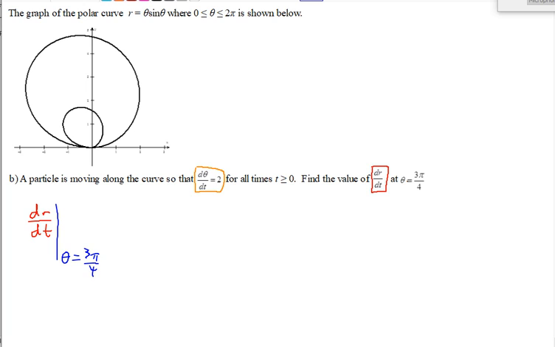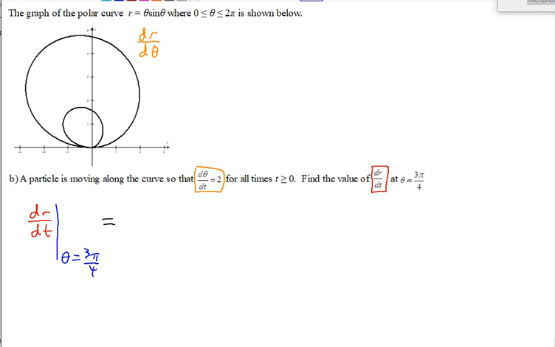So it's helpful to write down what we've got here to see how we're going to figure this out. So we have dr dt, that's what we're looking for, specifically at theta equals 3 pi over 4. Well, we have d theta dt, and notice we have r. So from here, we can get the derivative dr d theta. So if we write down that expression here, dr d theta, and then we've got d theta dt. Notice mathematically, if you took these and multiplied these expressions together, let's see what's going to happen.